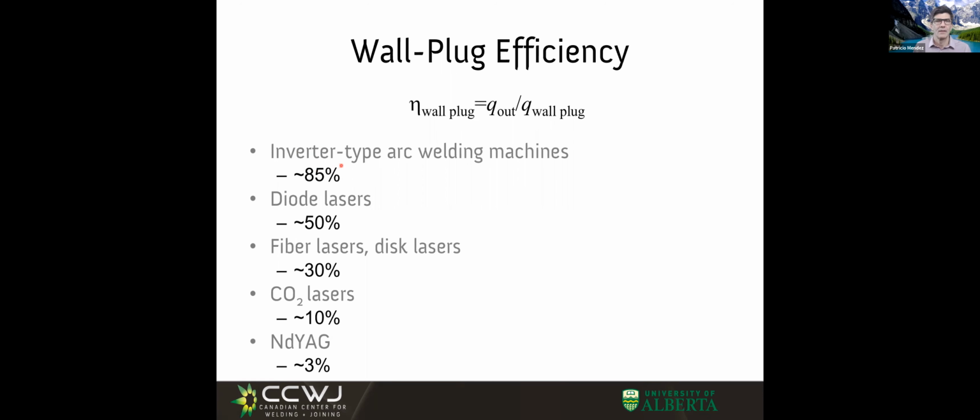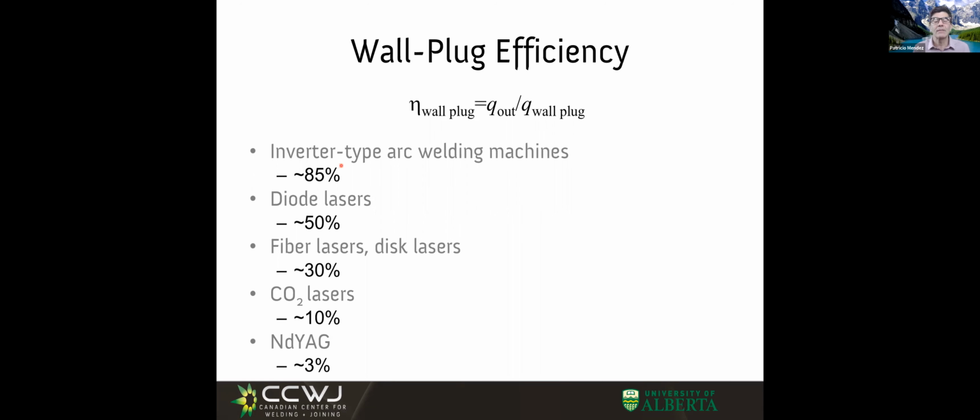That means 85% of the power that I take from the electrical grid goes out of my machine. Now, not all the energy that goes out of the machine gets into the plate, because in arc welding some of it is lost at the arc. What we lose is, very approximately, 2/3 of the power in the arc column.